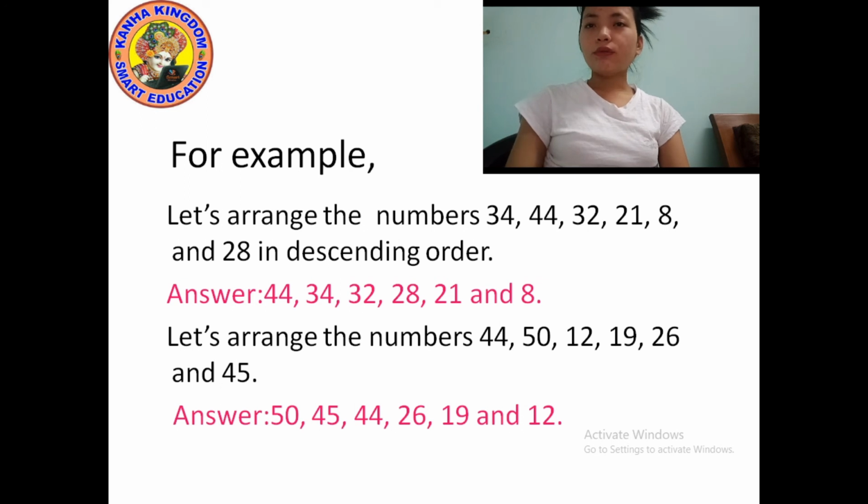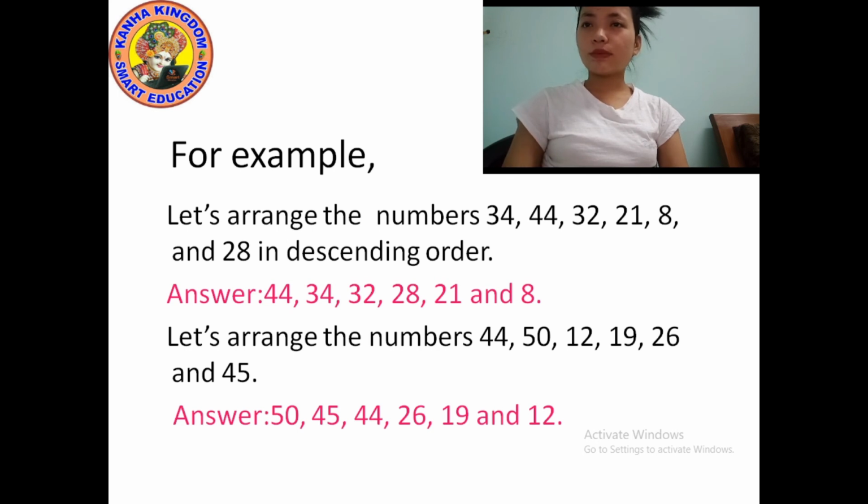Now after 44, which number is greatest? Find out. That is 26, right? 26 is the fourth greatest number from the numbers 44, 50, 12, 19, 26 and 45. So after 26, which number is greatest?